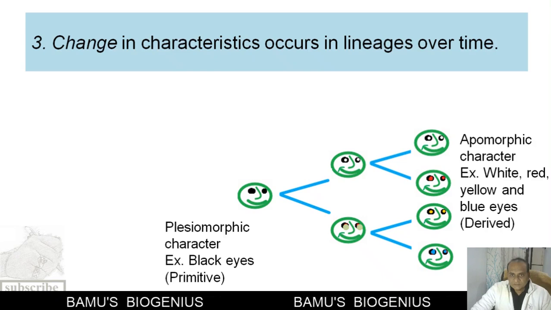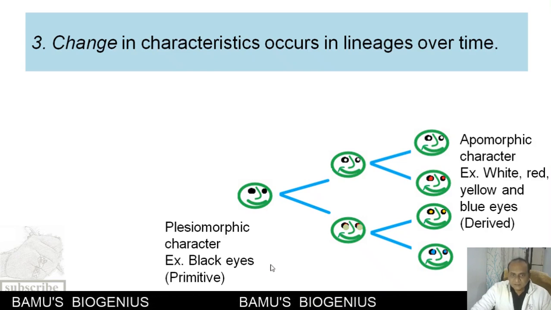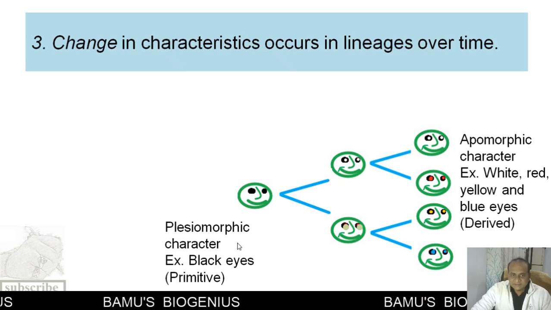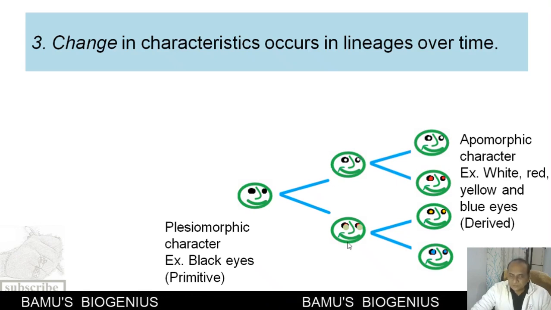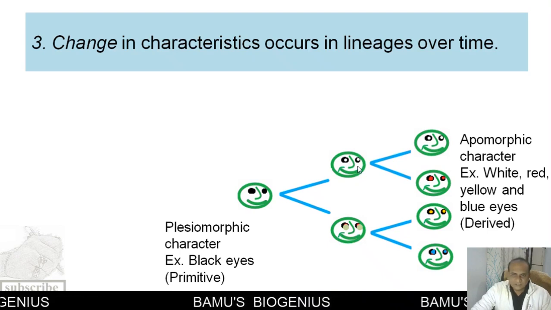Now, when this happens, the original or primitive character is considered a plesiomorphic character. For example, this is an imaginary species, and black eyes are considered the plesiomorphic character. Now, this species gave rise to, or bifurcates into, two species. You can see that these new species have different colors in their eyes.